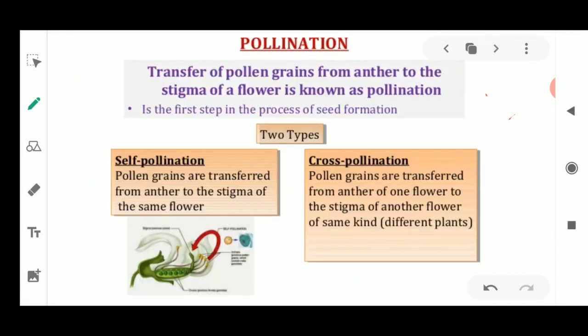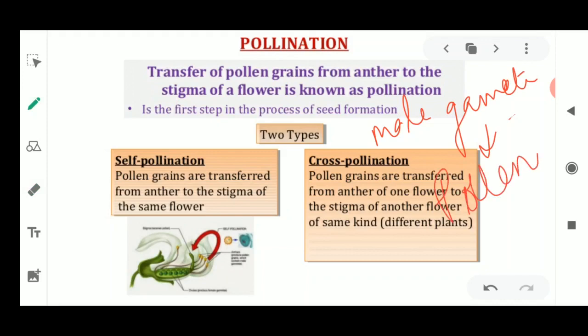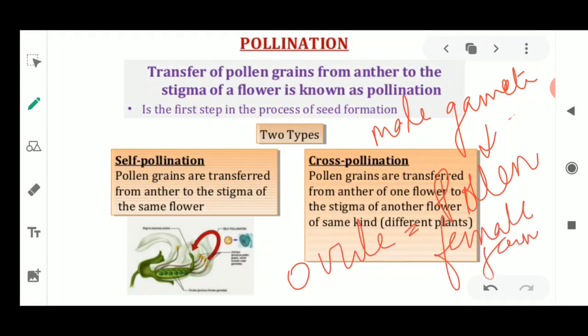Okay, children, we have seen that pollination was the first step of sexual reproduction. Why? Because we need to transfer the gametes. Now where were the gametes present? The male gamete is present in the pollen grain, and the ovule is the female gamete.